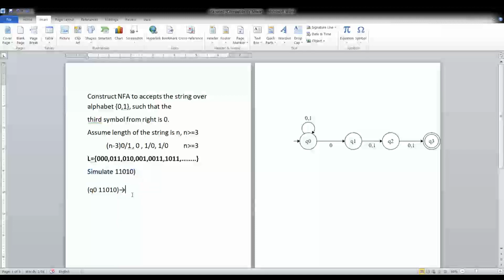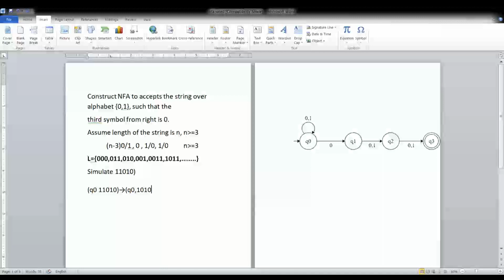Q0 is the initial state, and the NFA reads the input string from left to right, symbol by symbol. From Q0 on input symbol 1, the next state is Q0 only, and now the remaining symbols are 1 0 1 0.